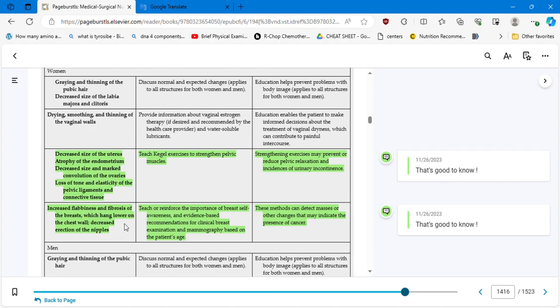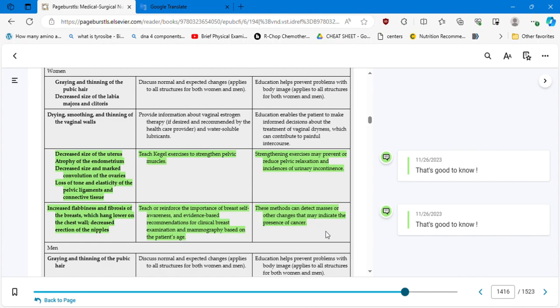Increase flabbiness and fibrosis of the breast, which hang lower on the chest wall, decrease erection of the nipples. That's another characteristic that I want you to remember. Teach to reinforce the importance of breast self-examination or awareness, and evidence-based recommendations for clinical breast examination and mammography based on the patient age.